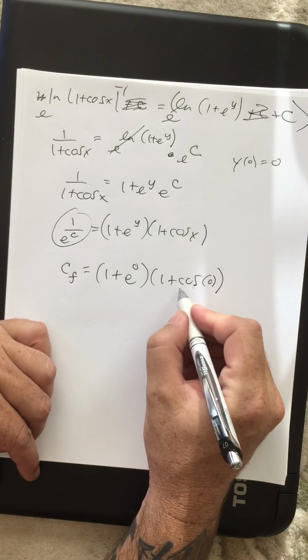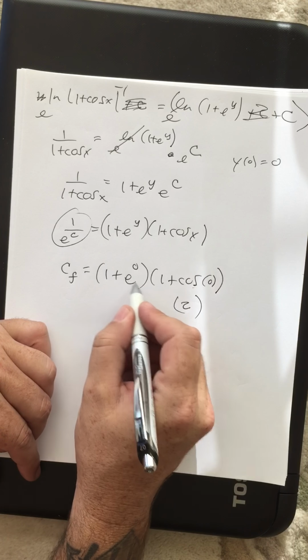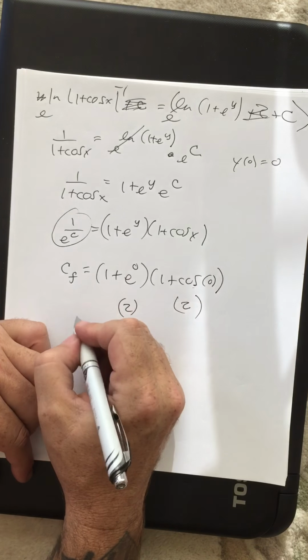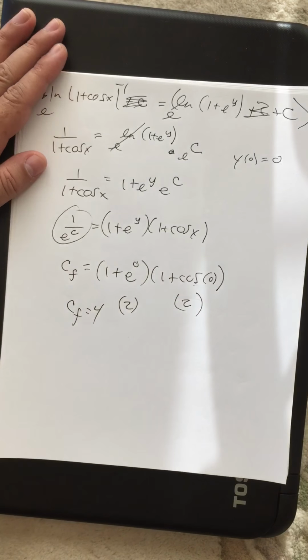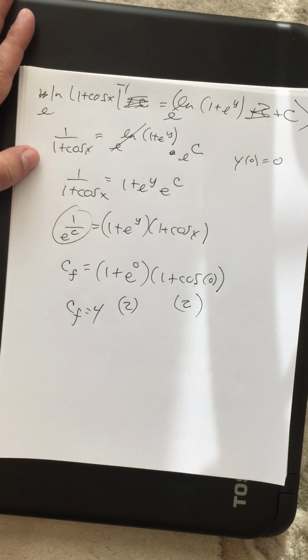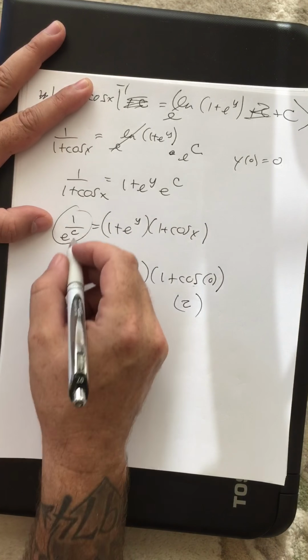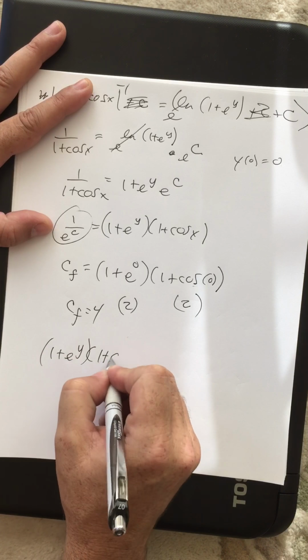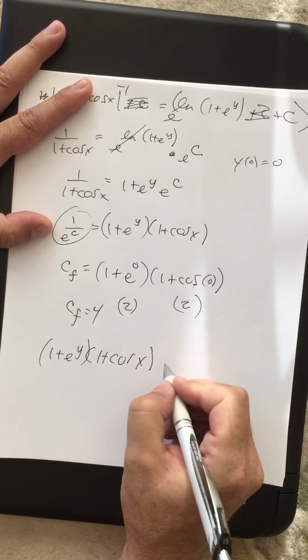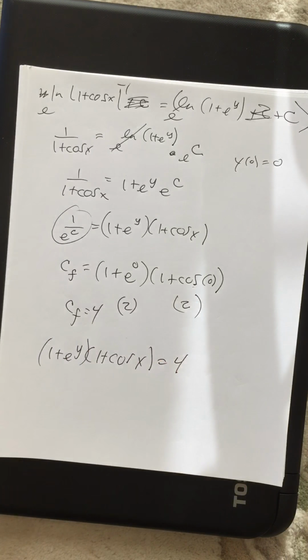This is 1, 1 plus 1 is 2. This is 1, 1 plus 1 is 2. So our constant final equals 2 times 2, which is 4. So we just write it in right here: 1 plus e to the y, times 1 plus cosine x, equals 4.